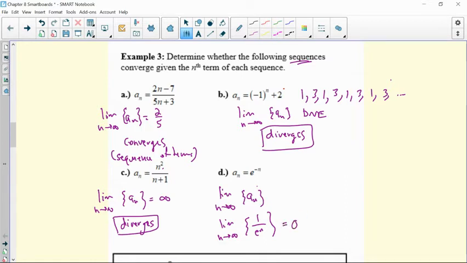And since the limit goes to 0, we know that it converges, and therefore the sequence of terms converges. So again, as long as the limit exists, as long as it has a finite value, then we know the terms converge.